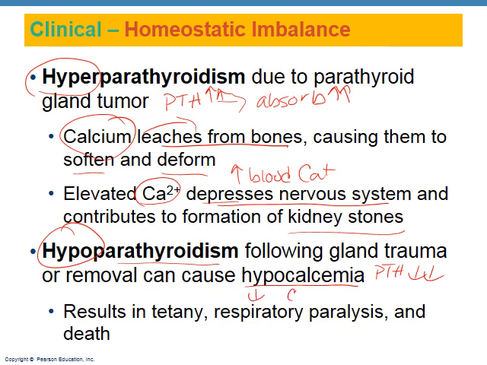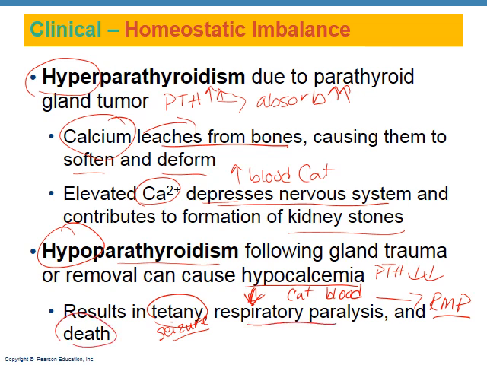So that means low calcium in your blood. And remember, low calcium isn't very good either. It can result in tetany. This is like seizures, unwanted muscle action due to the fact that your calcium level is so low. Again, if you don't have just the right calcium level, it interferes with your resting membrane potential. You can have respiratory paralysis, and it can even lead to death. So very important.